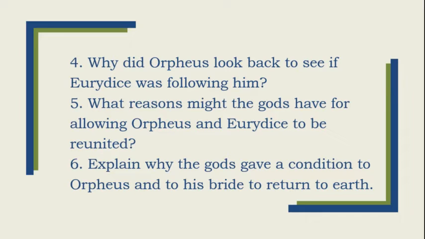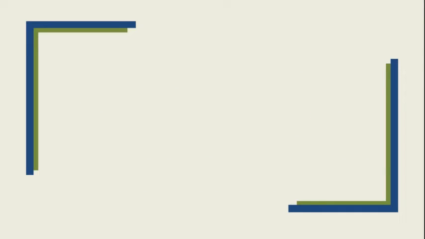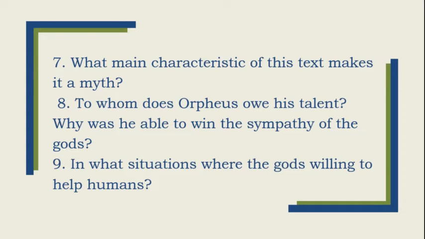Fifth. What reasons might the gods have for allowing Orpheus and Eurydice to be reunited? Sixth. Explain why the gods gave a condition to Orpheus and to his bride to return to earth. Seventh. What main characteristic of this text makes it a myth? 8. To whom does Orpheus owe his talent?